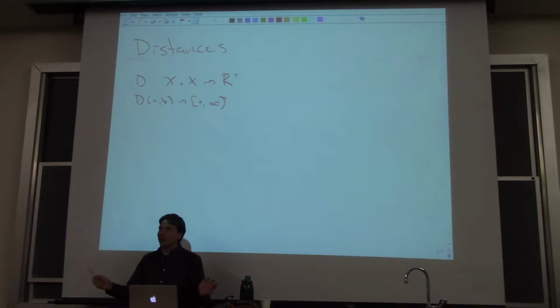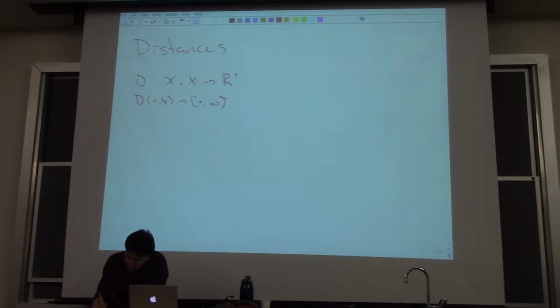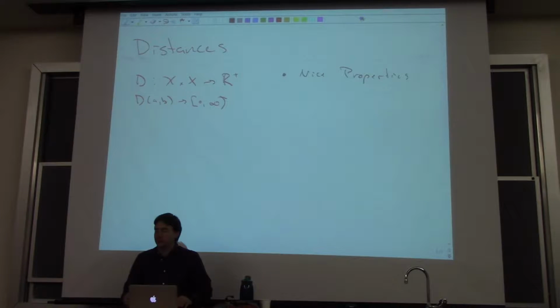So why are we going to talk about distances in class? Well, there are a few takeaways. What are nice properties that a distance should have?